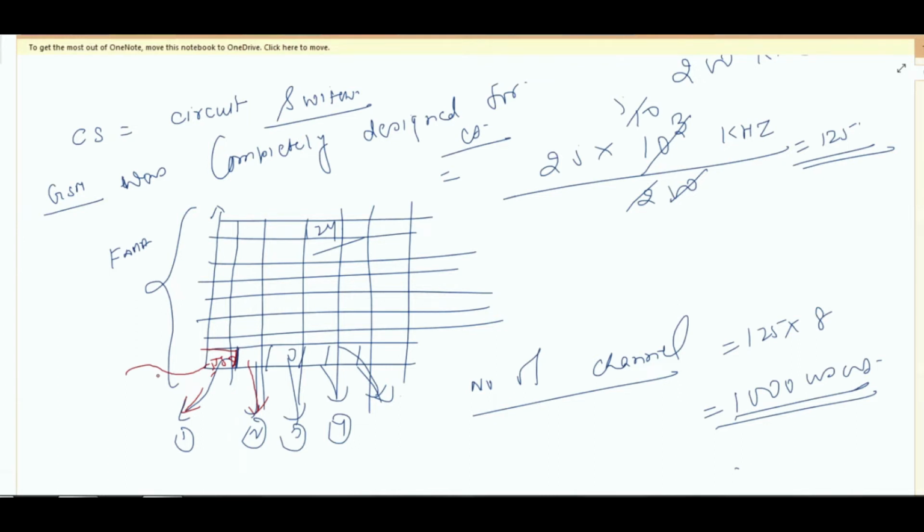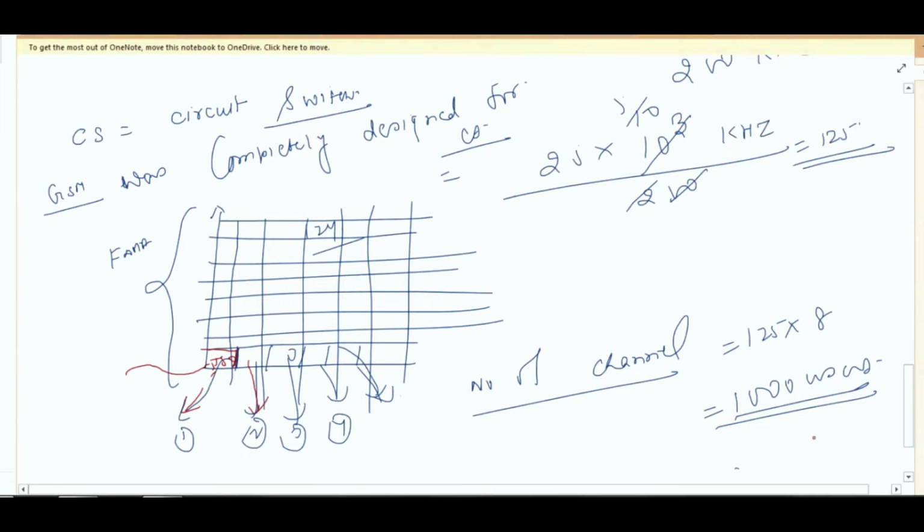If you switch on a 3G mobile, by default it will register to the CS domain, because a 3G network supports both CS and PS. But in 4G the story is different. In 4G, packet switch was the primary service.